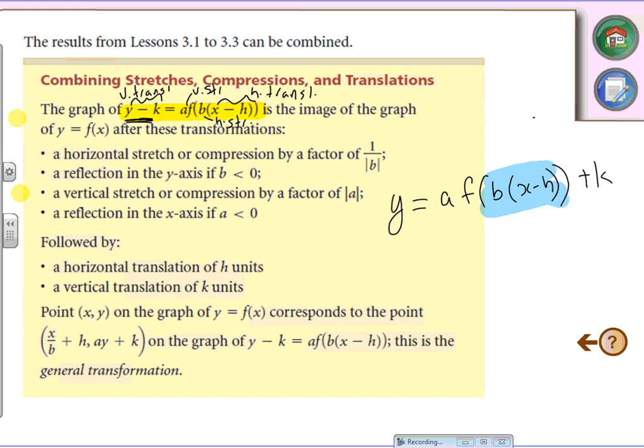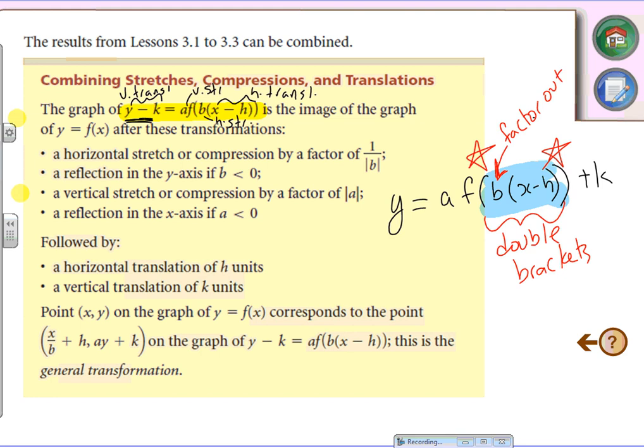This is the trick. And they love trying to trick you on this one on your diploma. You must have this double bracketed. Or in other words, you've got to factor out your stretch factor. So factor out horizontal stretch so that it's double bracketed. You'll see what I mean as we go along.